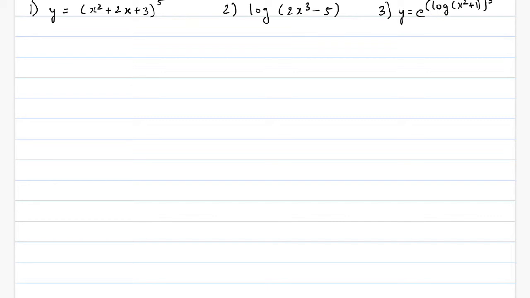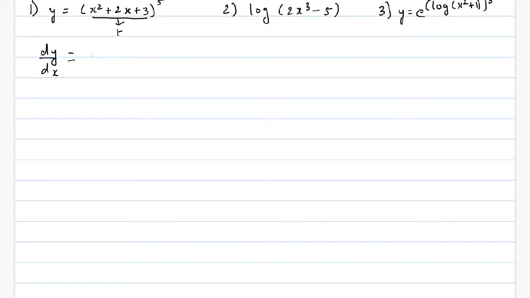In the first one, we have two different functions. One we will say this function and the other would be this whole raised to 5. Now traditionally we should substitute this as t and then do our dy by dt and do our dt by dx, but we can do it together. We can say our dy by dx should be equal to, first we will do this t raised to 5.